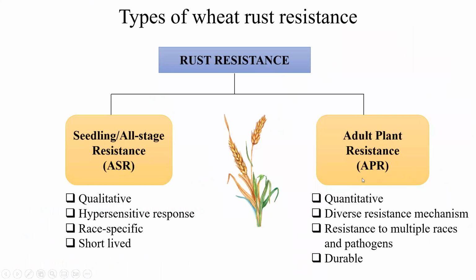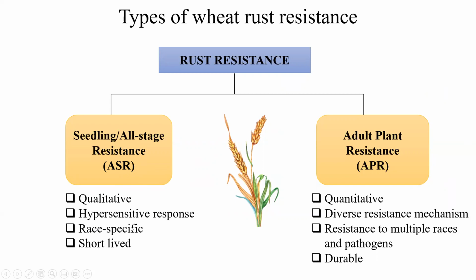The best approach to manage rust diseases is to deploy resistant varieties. And for wheat rust resistance, there are two types of resistance. Seedling or all-stage resistance is a complete type of resistance. It is qualitative, controlled by one or few genes, and caused by hypersensitive response.